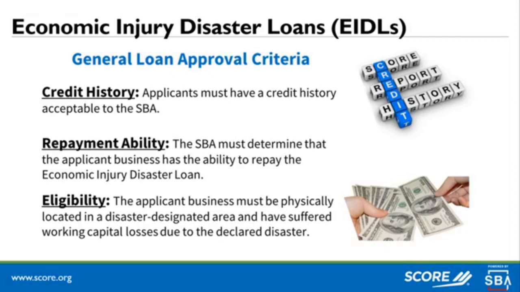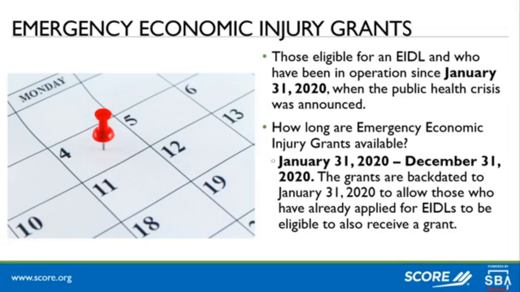So on to the next slide, and we come up to the grant portion of this program, Emergency Economic Injury Grants. And this is under the Economic Injury Disaster Loan Program.